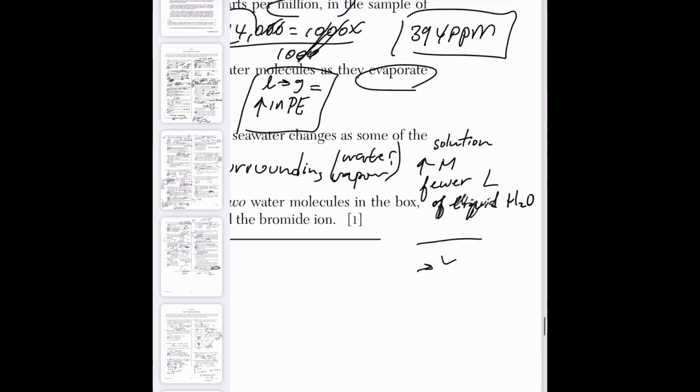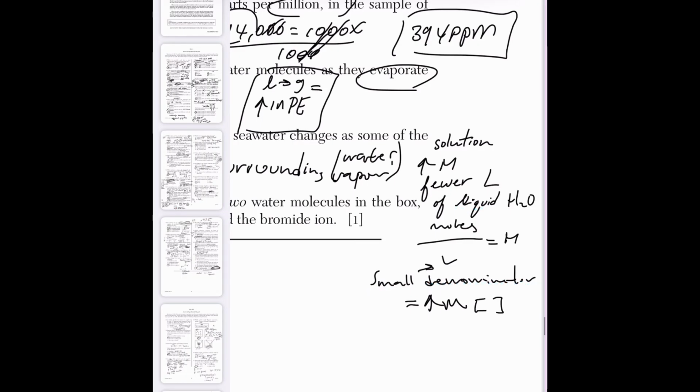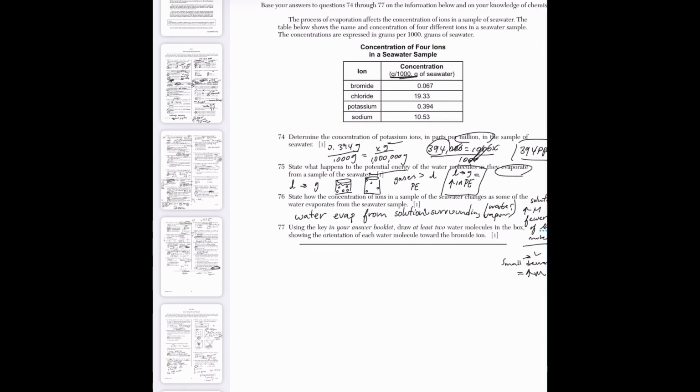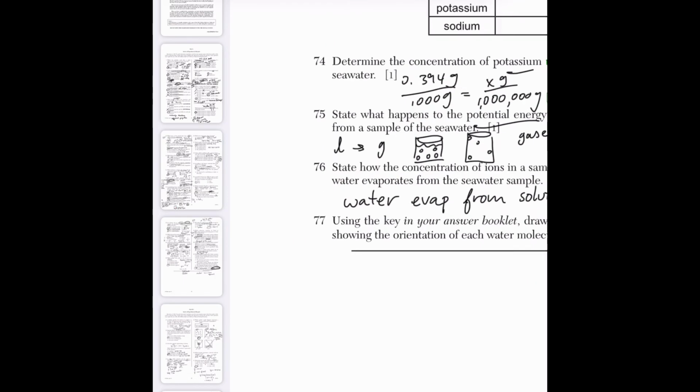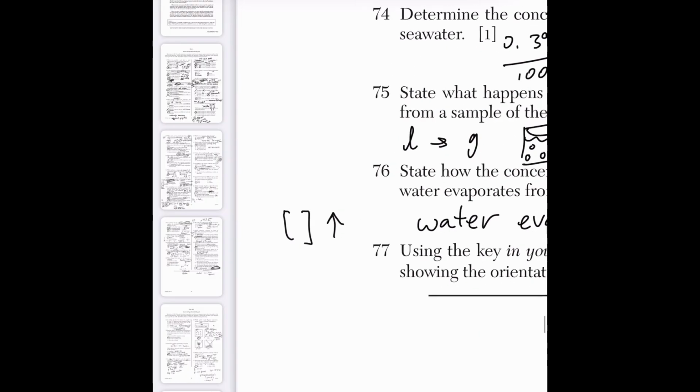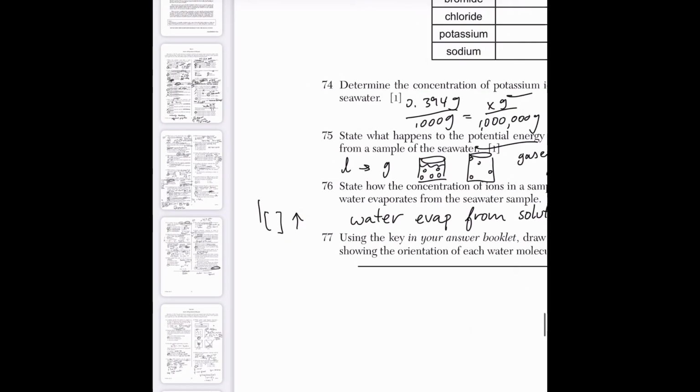So you would have a smaller denominator, an increase in molarity, which is concentration. The brackets just mean concentration. So you would say that the concentration of the ions increases as water evaporates, something like that.